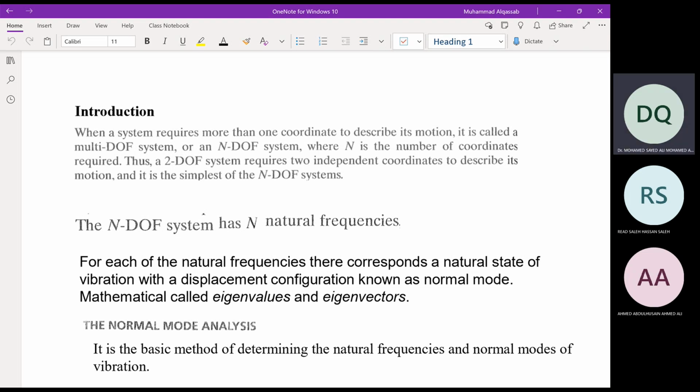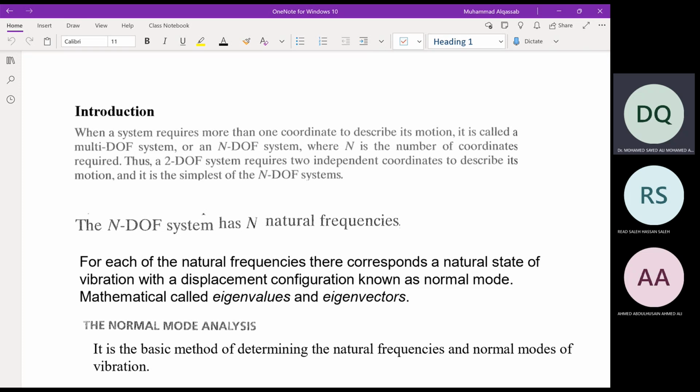Up to 3 degrees of freedom, you can do it by hand, but when it is more than 3, you need a computer to do the analysis. So the number of natural frequencies equals the number of degrees of freedom.